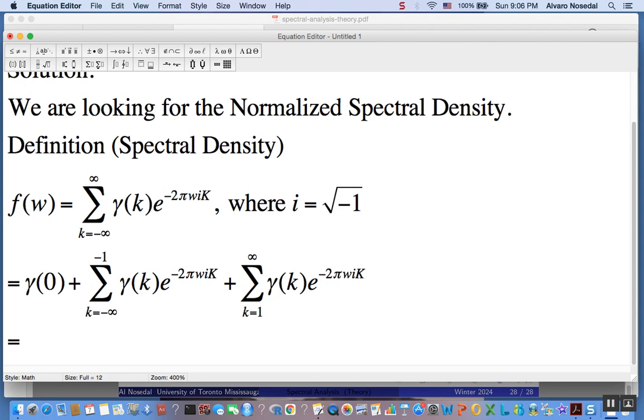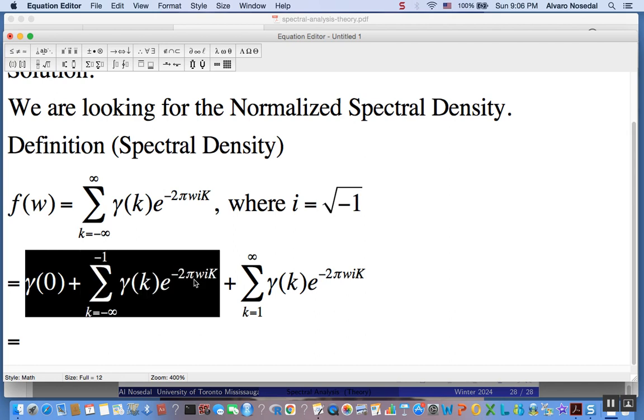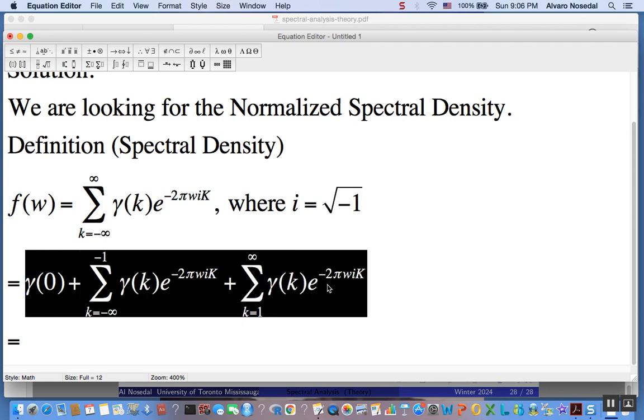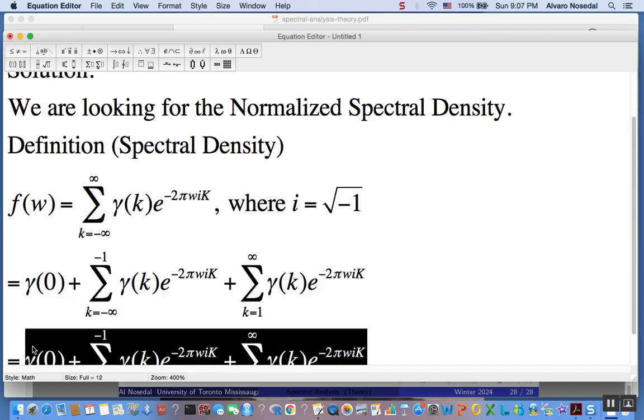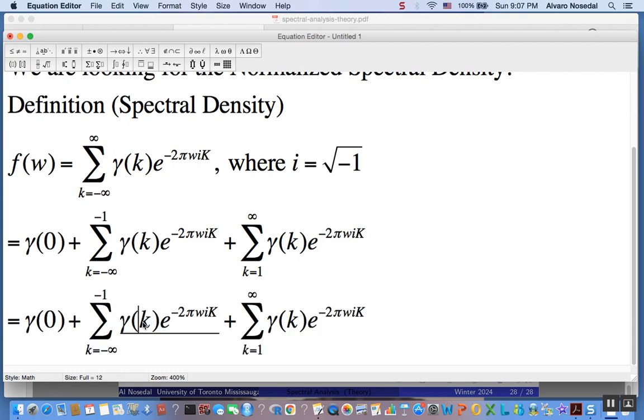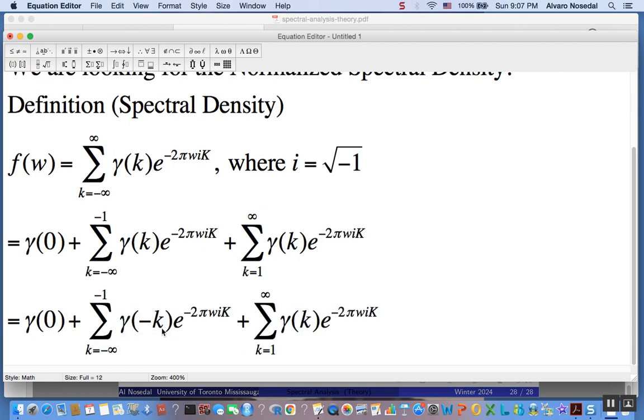Now what we could do here is use the fact that the autocovariance function is symmetric. So let me rewrite this. This is the same as gamma at -k.